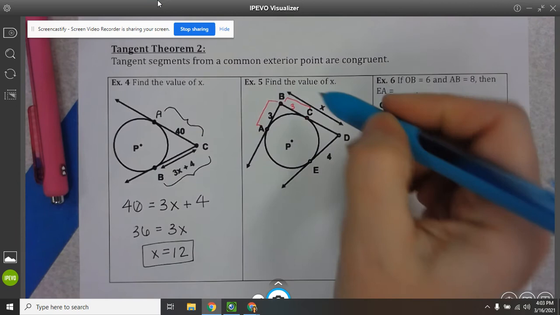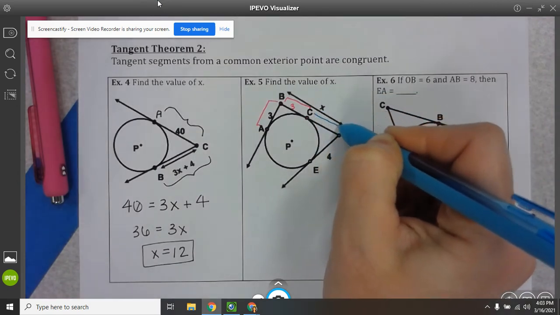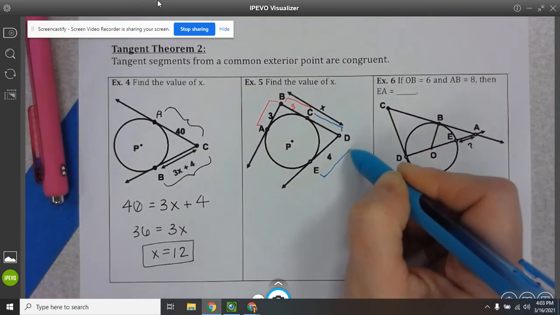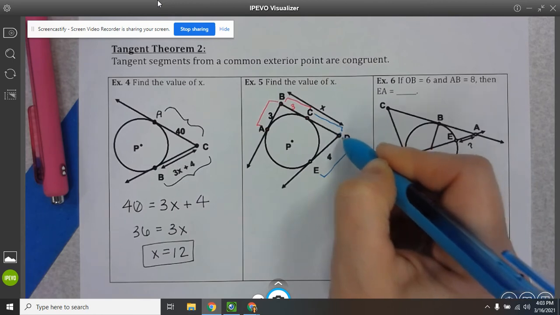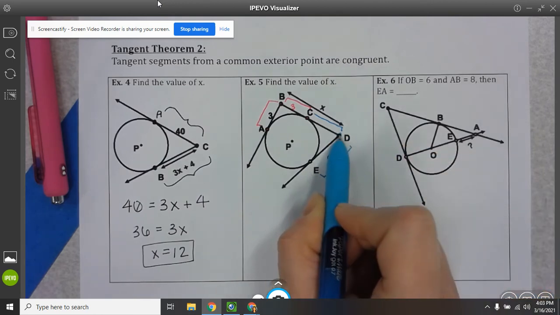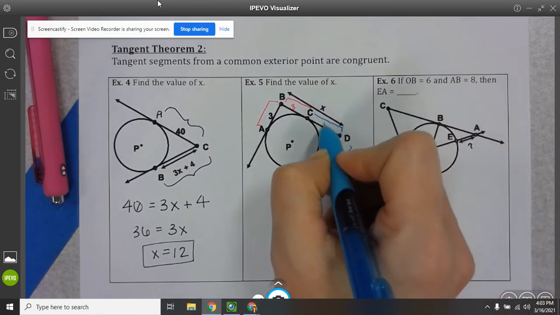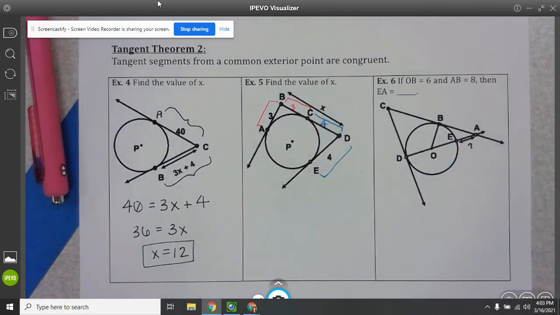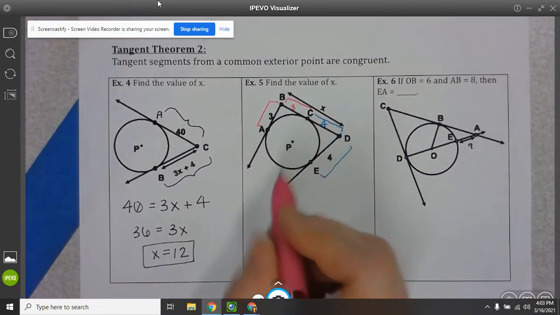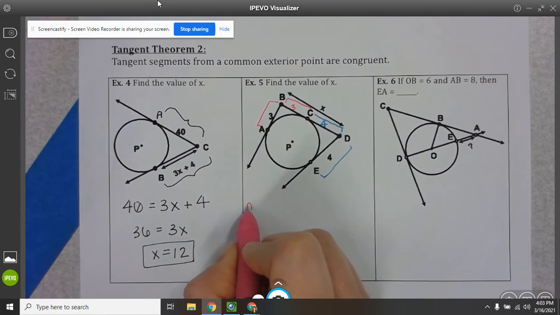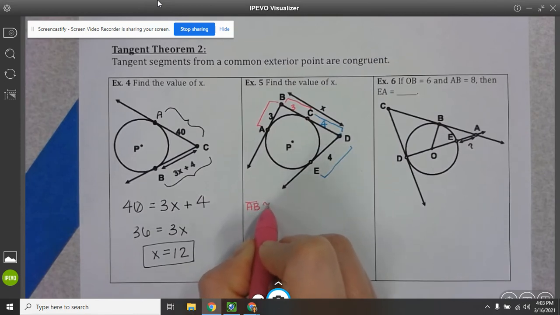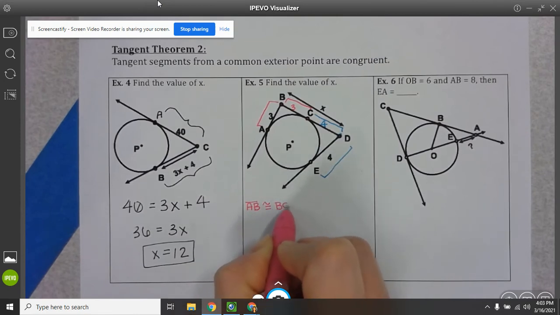On the other side of that, CD and ED are going to be congruent because they are sharing this exterior point. So this is going to be 4. So B was my shared point, so AB is congruent to BC.